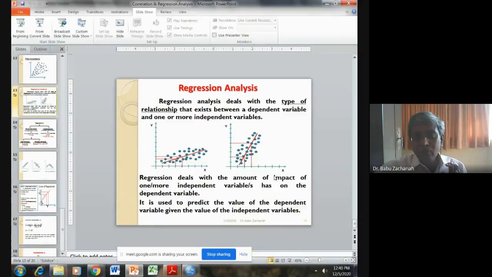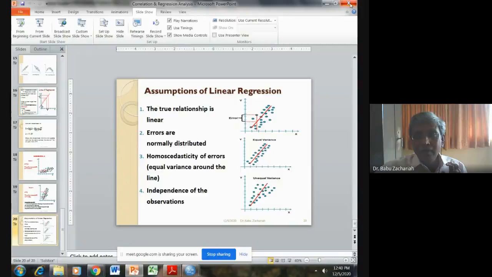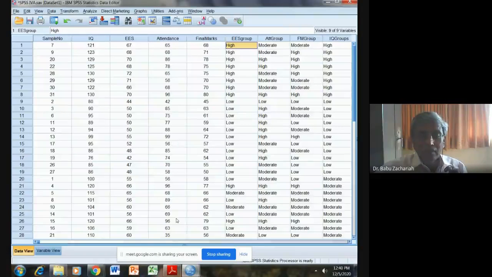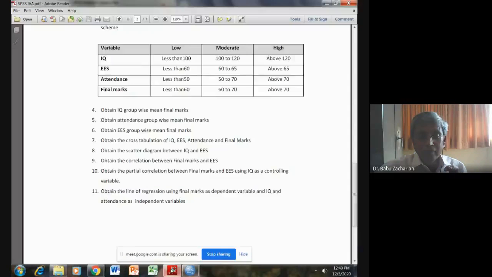Now we'll go to that regression thing. So the question is, find the line of regression using final marks as a dependent variable and IQ and attendance as independent variables.